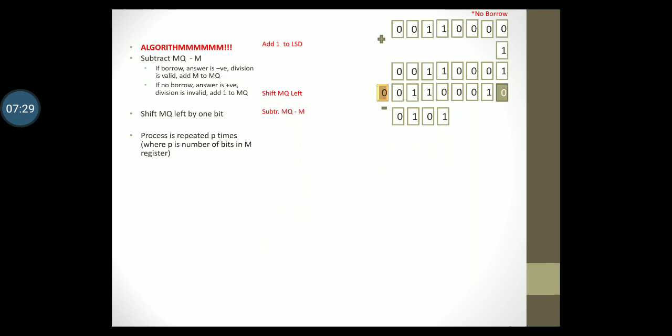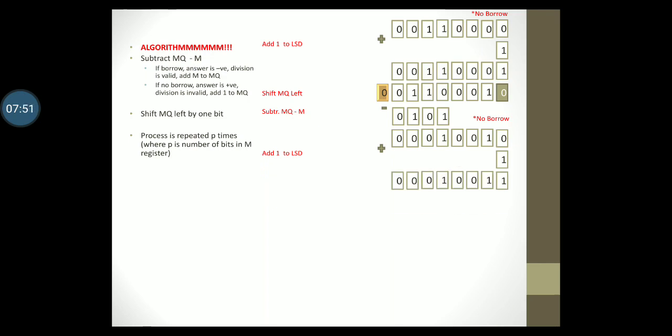Subtract MQ minus M. We get the answer of subtraction as this. Notice that during subtraction there is no borrow. So as per step 1 in the algorithm, we need to add 1 to the LSD. So go ahead and add it. We get the answer as this.